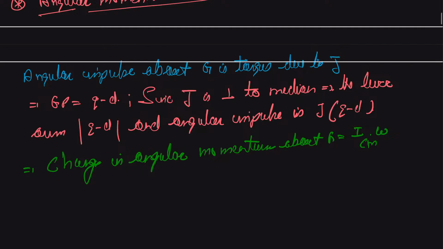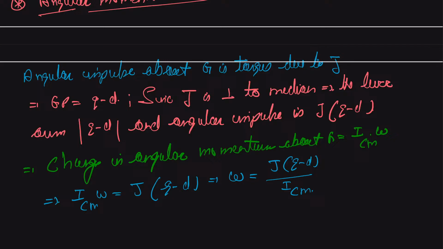And therefore we can write that this I_CM times omega will be equal to J times (Q minus d). And from here we can write that our omega is equal to J (Q minus d) upon I_CM.